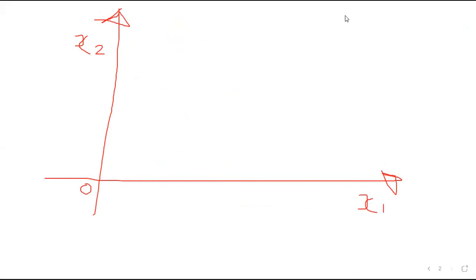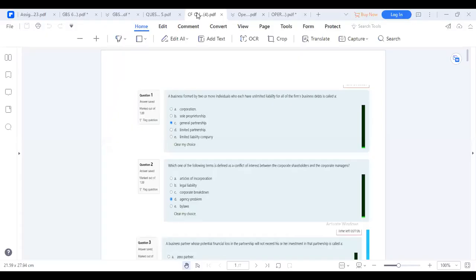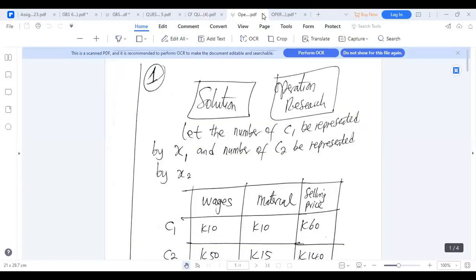We need to make sure that we say, let the C1 be represented by, because from here, what is happening is that we have this information here.